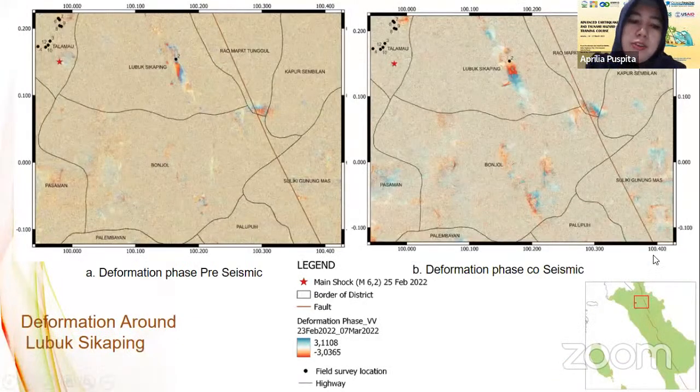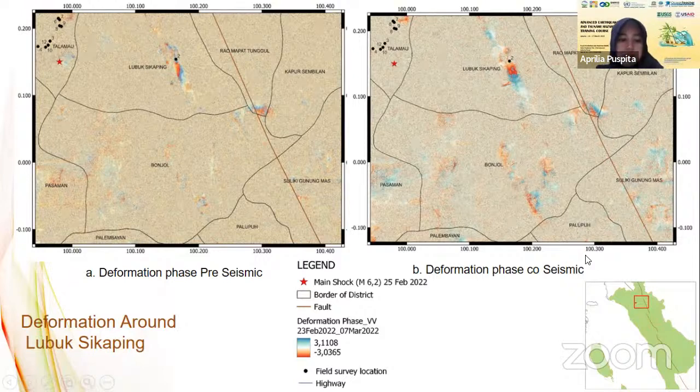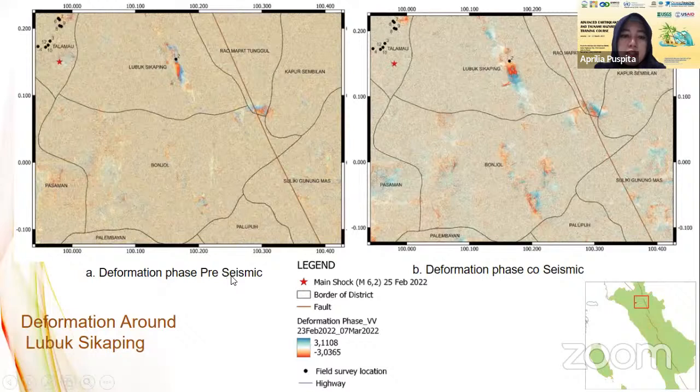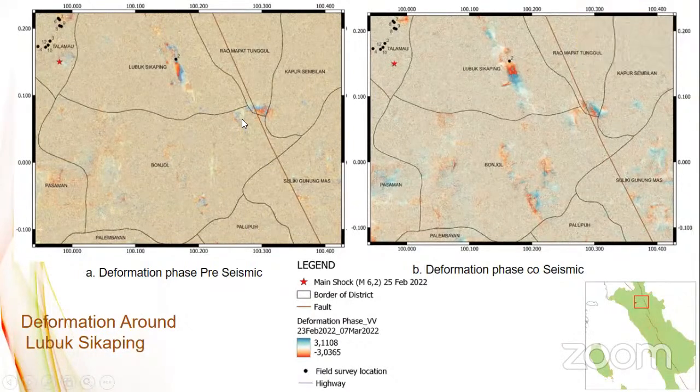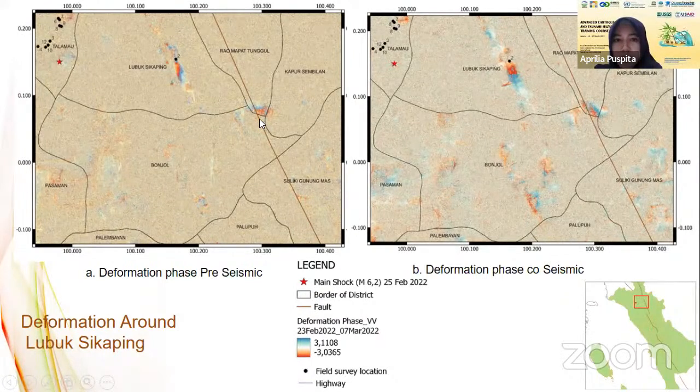I want to show you the area of interest, where we will analyze the seismic phase around Lubuk Sikaping. This is the area of the Sumani fault here, and the deformation pattern has a strike pattern here that is linear with the direction of the strike of the fault.